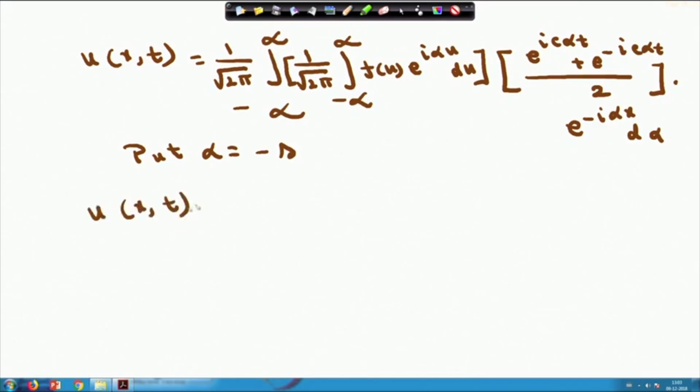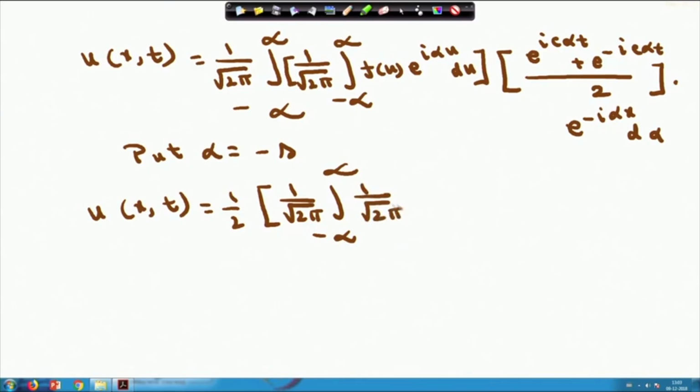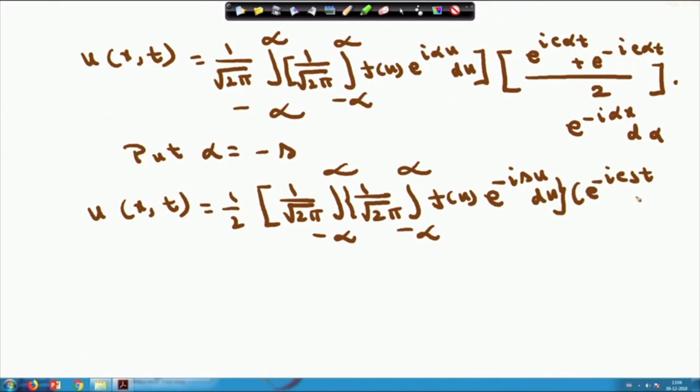So, by doing that, I can write down u x t equals half will come here, 1 by root 2 pi, 1 I am bringing inside, integral from minus infinity to infinity into 1 by root 2 pi into integral from minus infinity to infinity f u into e power minus I s u, because alpha equals minus s, I am substituting, d u into these two terms, that is e power minus I c s t plus e power I c s t into e power I s x into d s, d alpha will become d s. So, I am getting this.